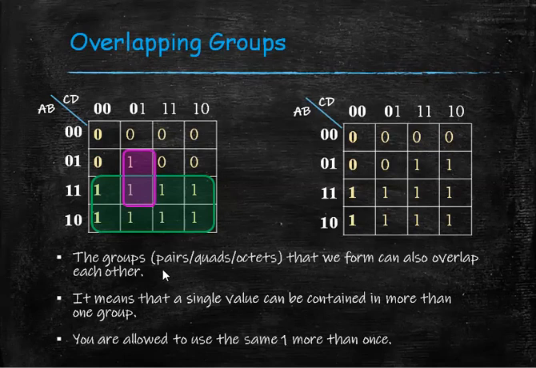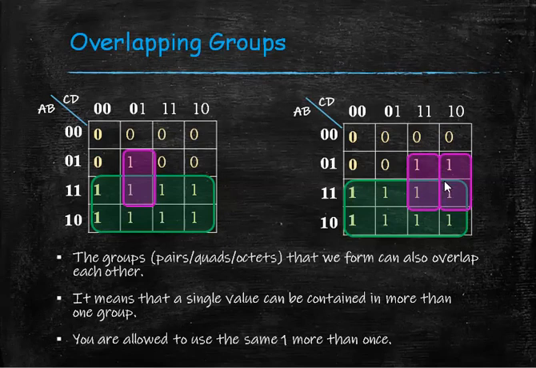We can form pairs, quads and an octet. Here there is one octet and there is a pair. But in the rule it says that we can overlap these two and these two in this way.